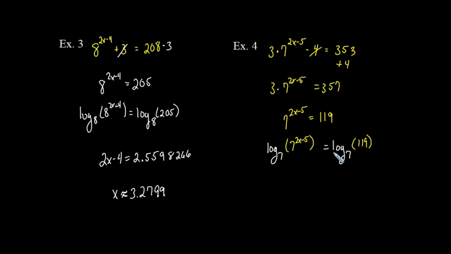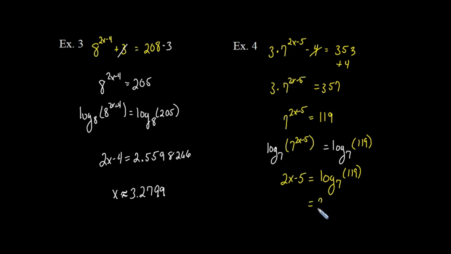We're going to take log base 7 of both sides, and then on this left-hand side, all we're left with is the exponent. That's the whole purpose of us doing that. And on the right-hand side, that is just a number value, and we can write out that decimal if we want to. From here, I would type this in the calculator.